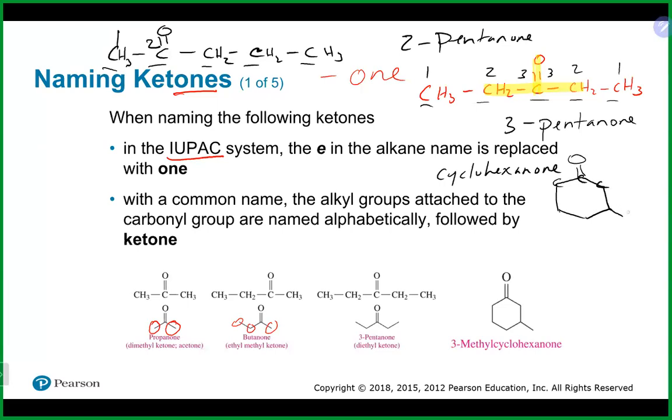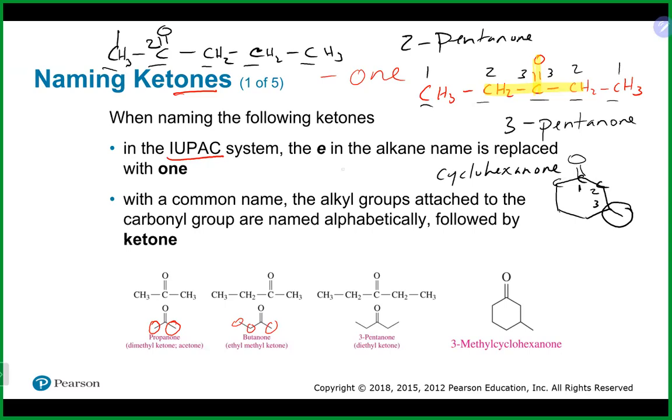It actually does have another group there, which is a methyl group. Although we do not need to give the location of the carbon-oxygen double bond in the ring, it is assumed that wherever it is, it is carbon number 1. So that would be carbon 1, which means if I go clockwise, I'm going to hit my methyl at a smaller number than if I went counterclockwise.